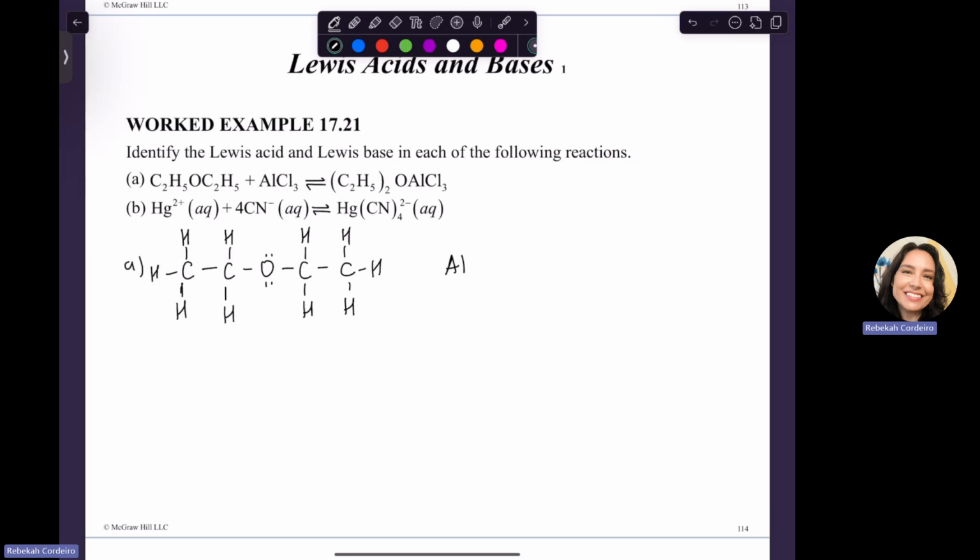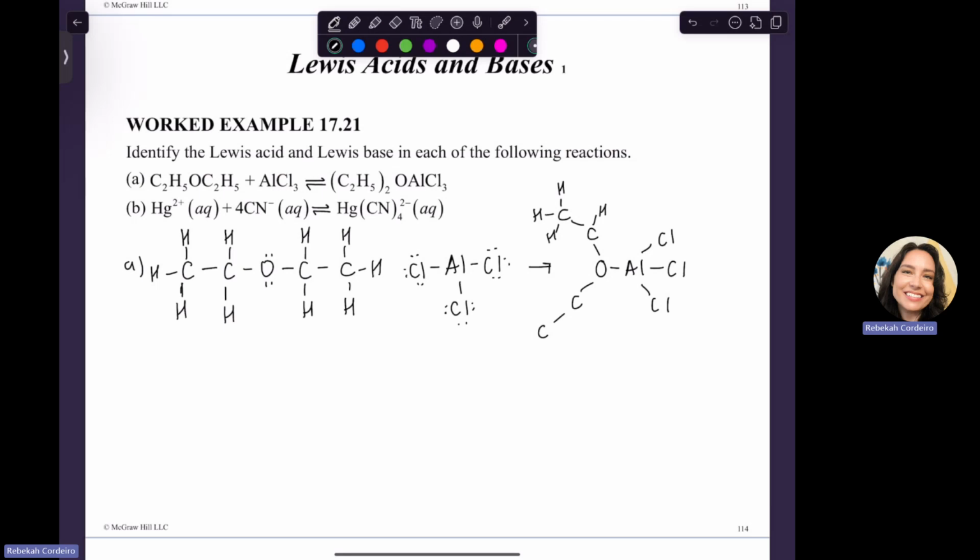Now we would have Al. Now AlCl3 is a weird one. Aluminum is actually acting covalently here. And you can see we're literally just putting them together. So even if you don't know what the Lewis structure looks like, can you think about who would be donating? So basically we have this weird looking guy.